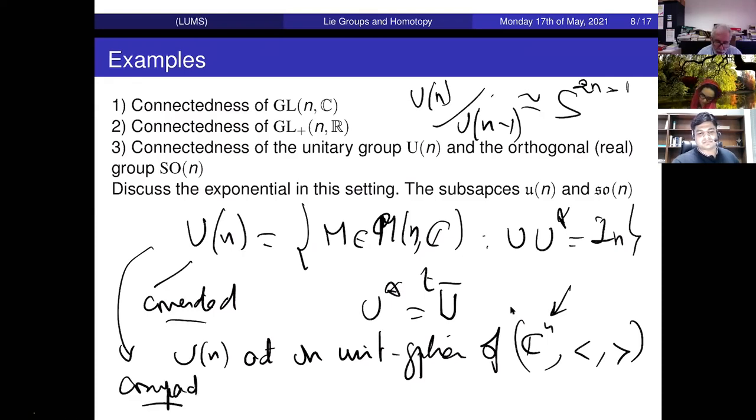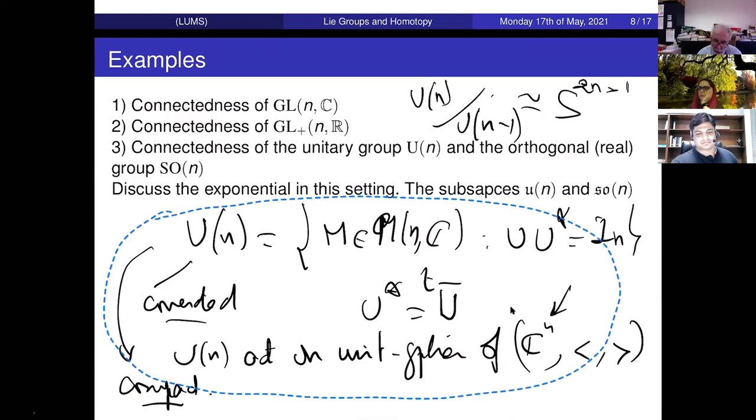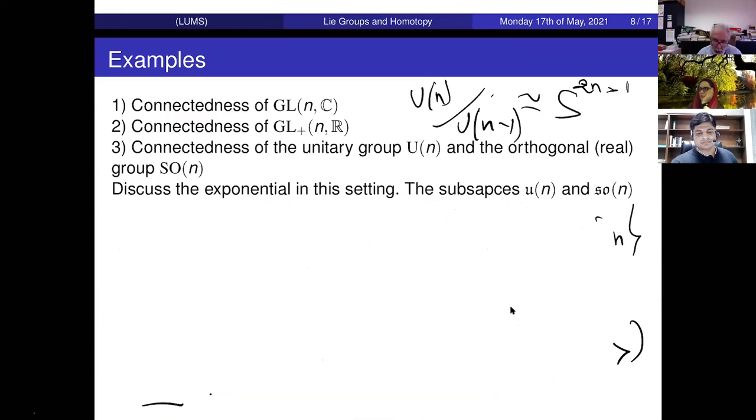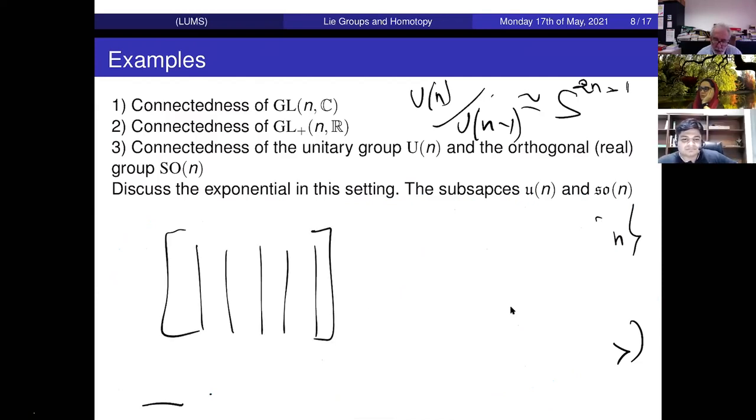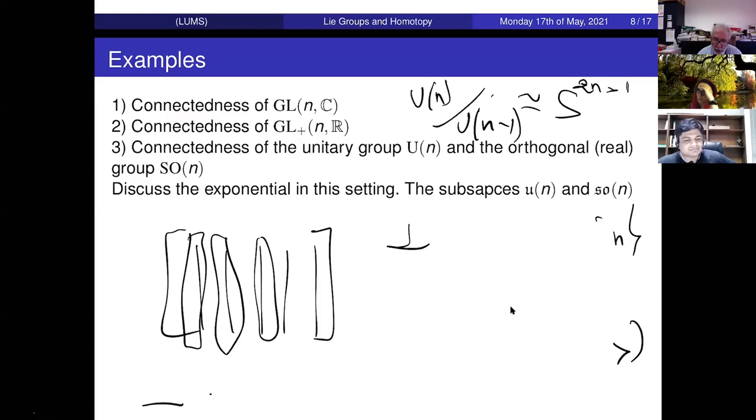Why? Let me give you a proof very quickly. Okay, the UN is made of matrices such that their columns are orthogonal with respect to their Hermitian product, and each column is of norm 1.